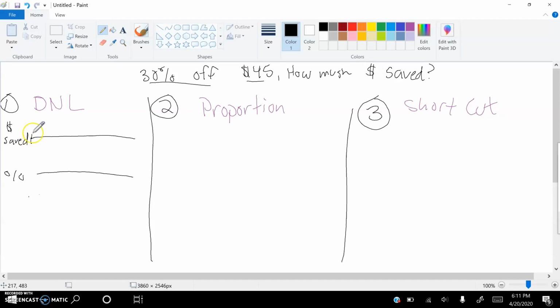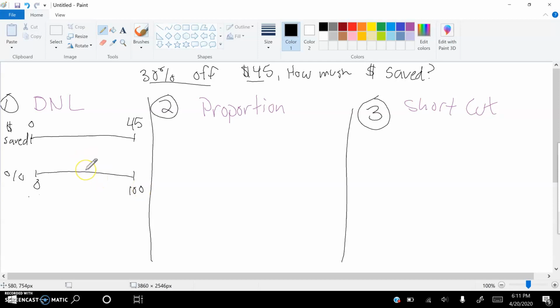So we know that if we save no money, it's 0% off. We also know that since the cost is $45, if we saved $45, that would be the entire cost. That would be 100% of our headphones. And we're trying to find 30%.